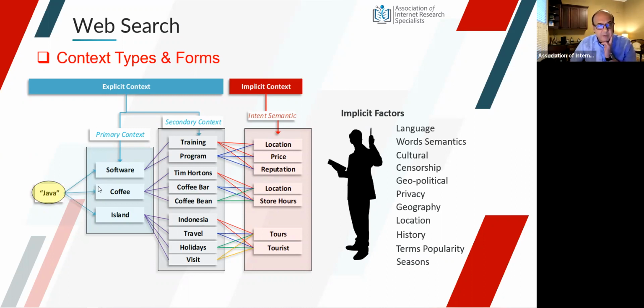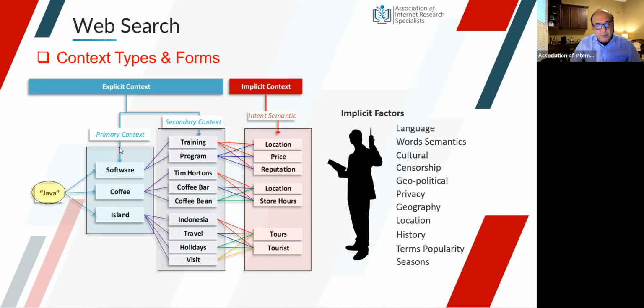So if Java is one word, the primary context needs to be added, so it gives an absolute command to the search term that you want, essentially to be contained in those as primary keywords.